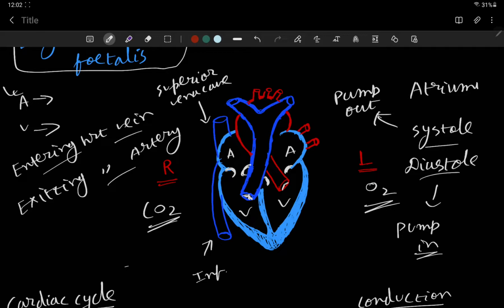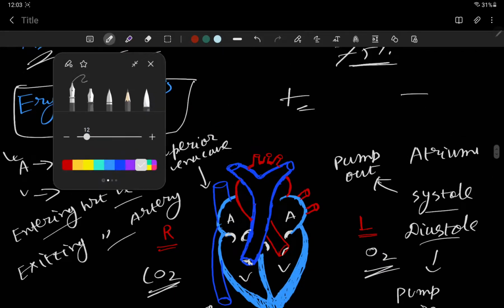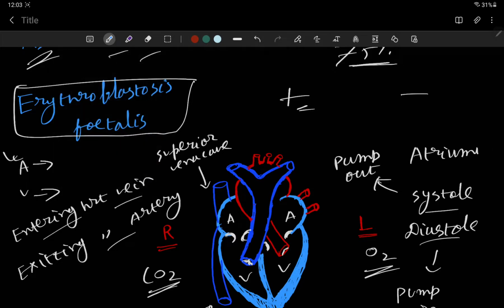At first, the right atrium is collecting CO2 blood via the superior and inferior vena cava, and as it is collecting the blood, it will go larger. That means it is in the diastolic phase. Same as the left atrium will collect O2 blood, and this O2 blood will come from the lungs that are present prior to the heart.